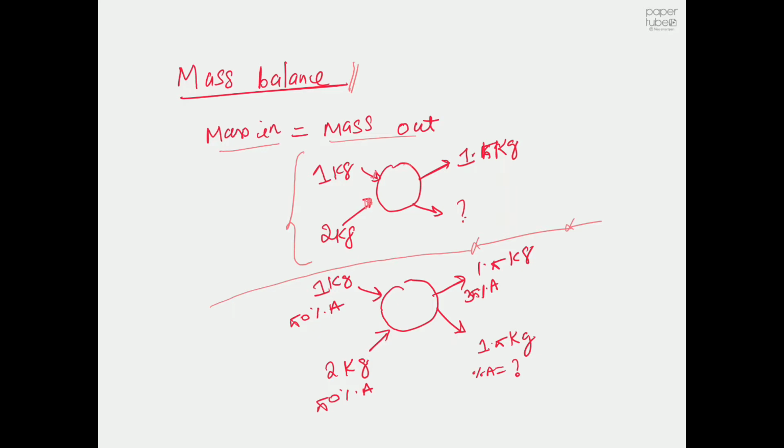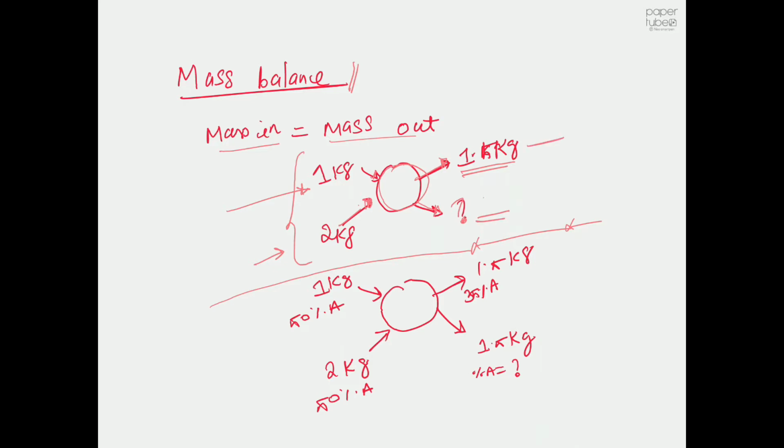Just imagine this is some unit. If you have 2 kg in one stream, and 1 kg in another stream, and you have 2 output streams, and you get 1.5 kg in one of the streams, the remaining is very easy to calculate. 2 plus 1 is 3 kg.